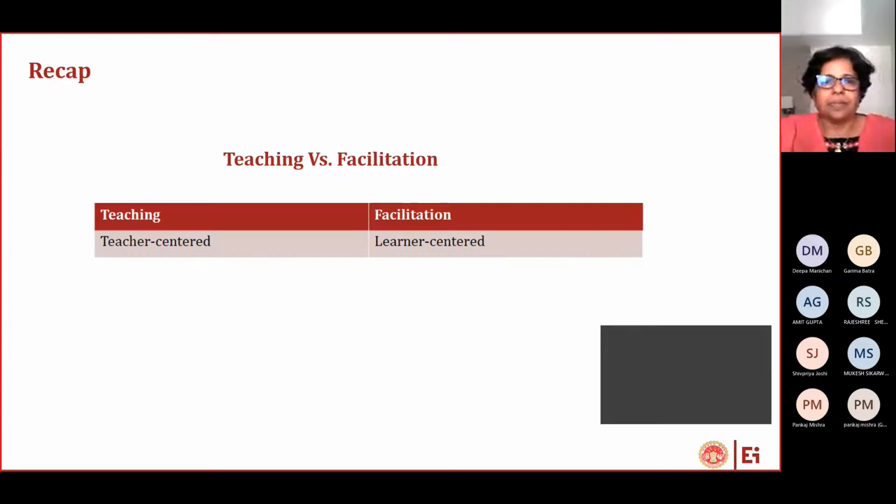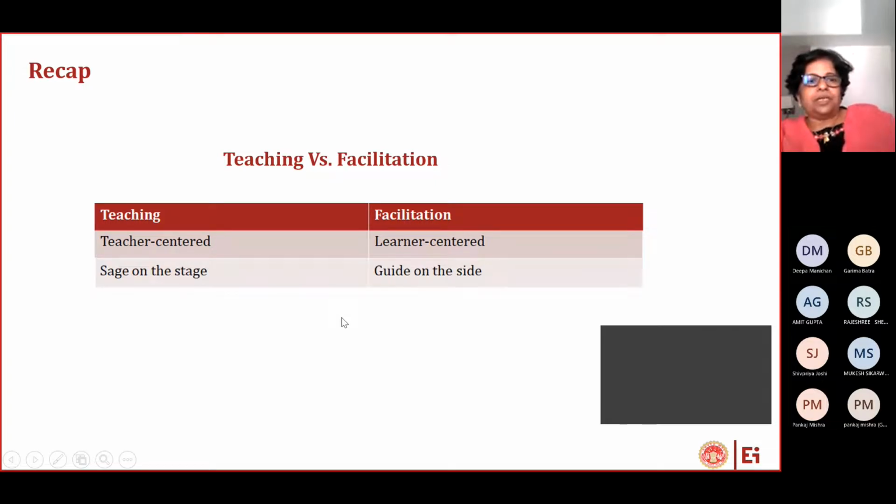Teaching is teacher-centered and facilitation is learner-centered. So when you're teaching a bunch of kids, it's more like you know everything and you are the wise person there. So you take a sage-on-the-stage approach. And when you're facilitating, it's more of being on the side and guiding the learners.